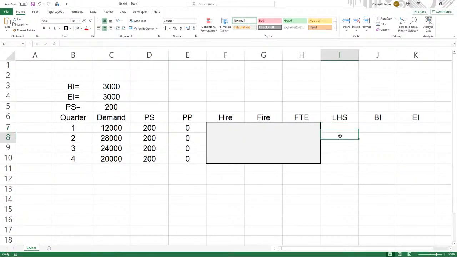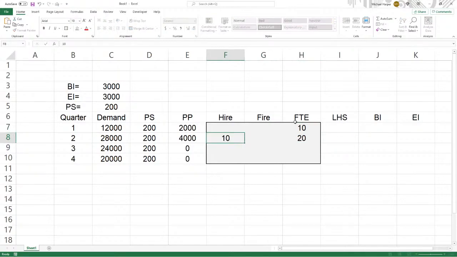Okay. Let's start with the second quarter. For the second quarter, here's my FTE for this quarter, and the FTE in the previous quarter is here. Let's suppose this is 10 and this is 20. Then right here, I want to hire 10, right?